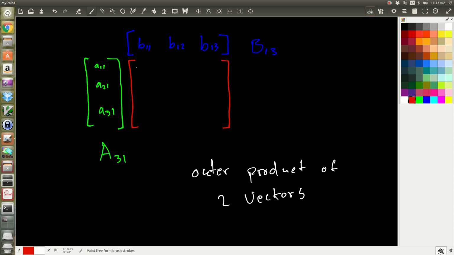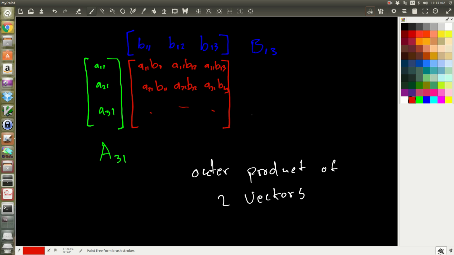Okay, so the first component here is going to be A11 times B11, and this one's going to be A11 times B12, and then A11 times B13, and then A21 times B11, A21 times B12, A21 times B13, etc. You get the idea.